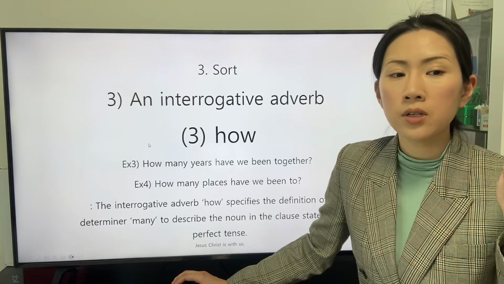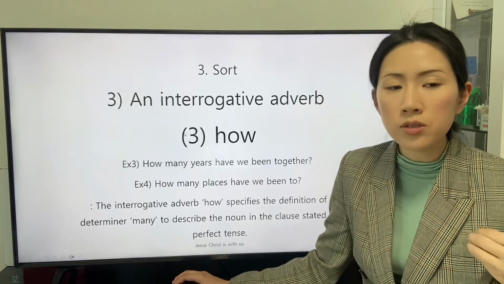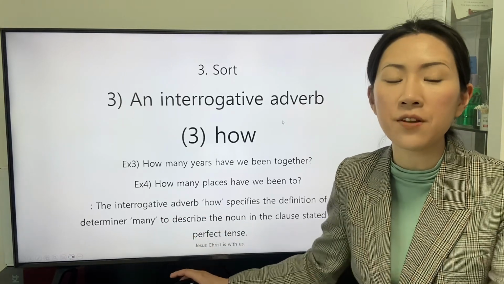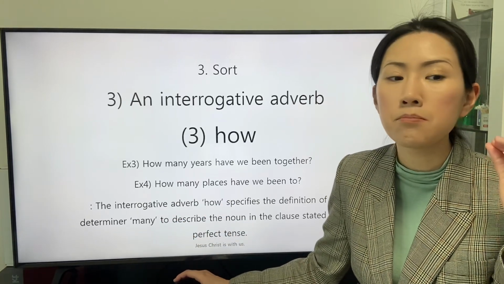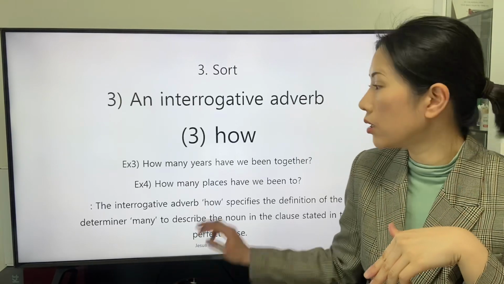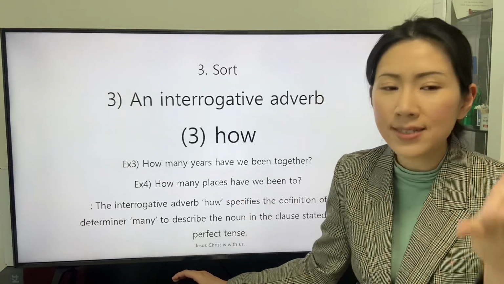The third and fourth clauses are introduced because the interrogative adverb how specifies the definition of the determiner many to describe the noun in the clause stated in the perfect tense.